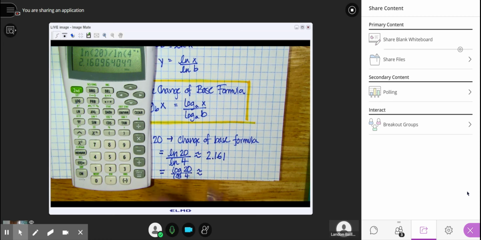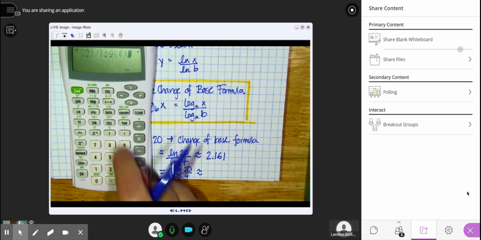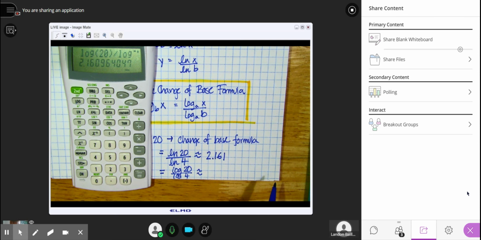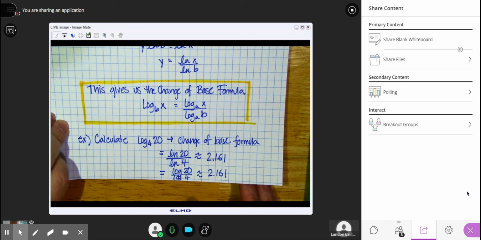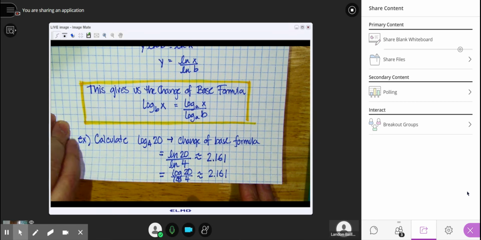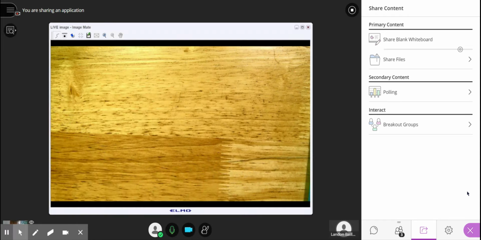I should get the same number, log 20 divided by log 4. It doesn't matter which one you use, just try to be consistent. Good? Okay. We try another one like that?